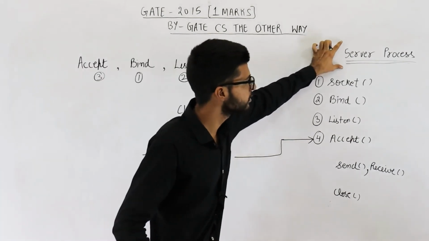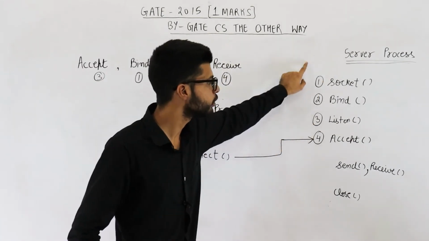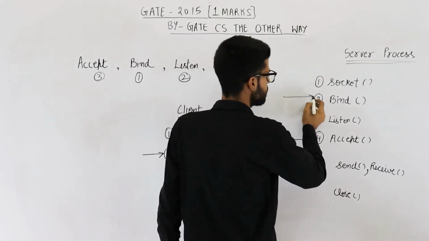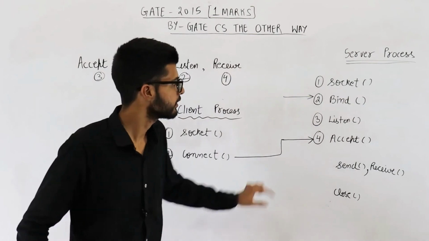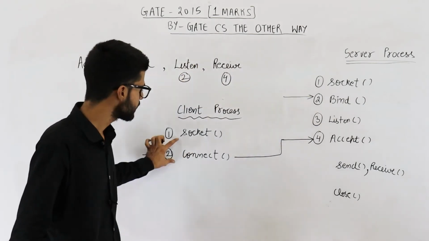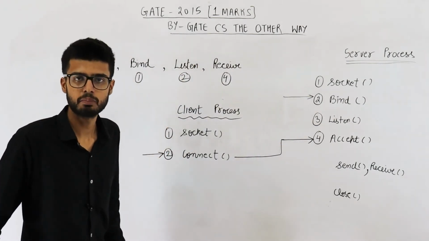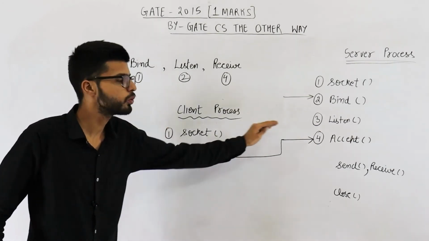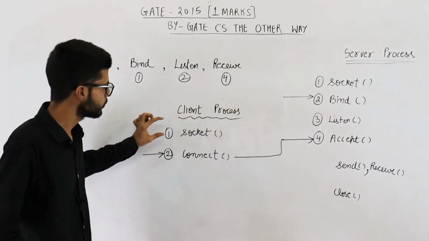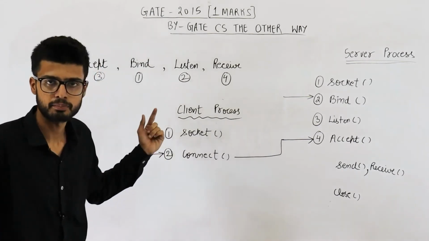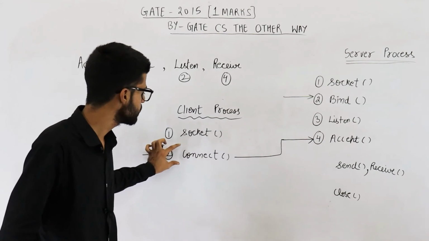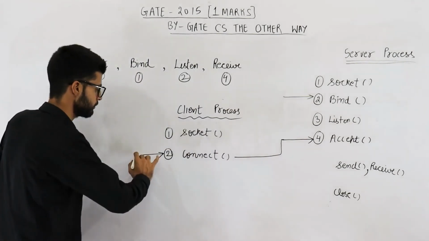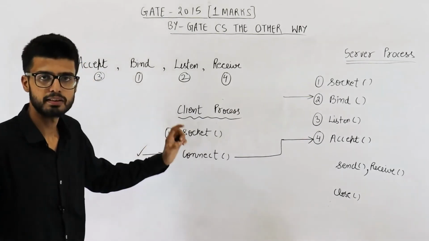But in the case of a server process, we don't know when someone will try to connect, so we give an IP address and a port number in advance and we start listening. But here we know when the communication will be initiated, because the client is the one that is going to initiate the communication. So the IP address and port number can be given just before you try to initiate the communication. That means in this step only, we'll bind it.